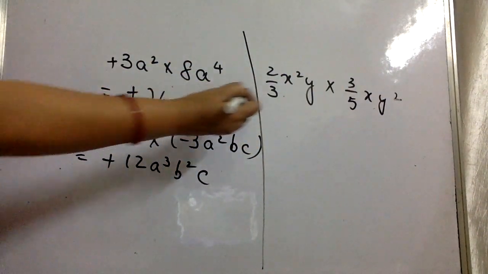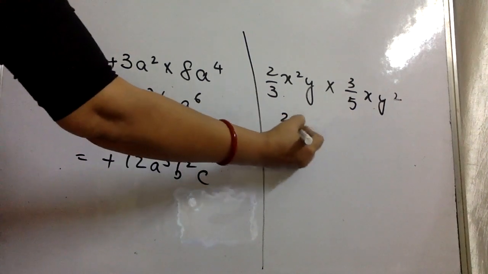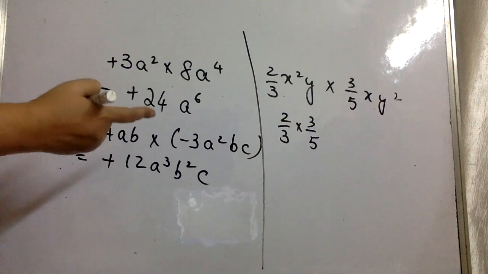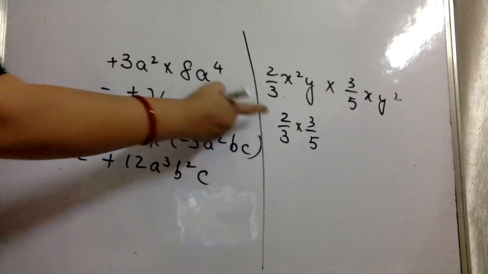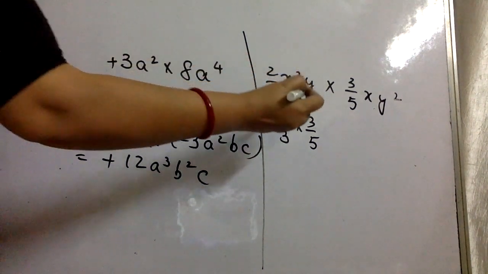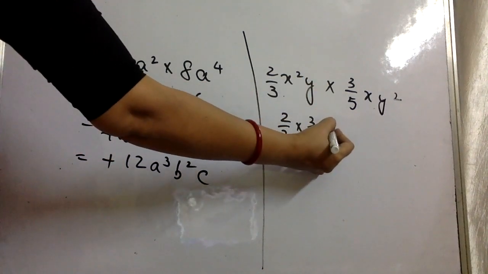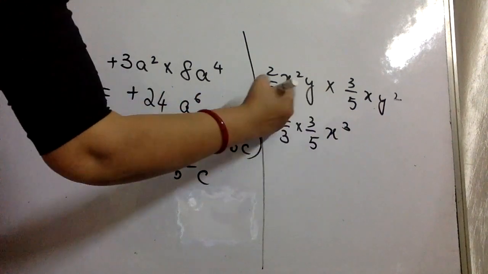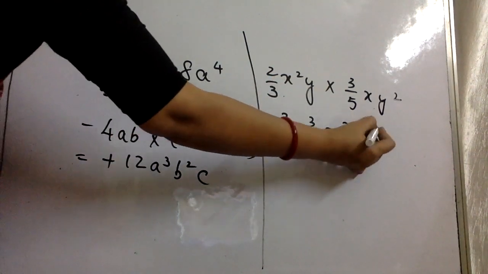Here 2 by 3 into 3 by 5, it's already plus into plus, that's a plus, so I'm not writing it anymore. 2 by 3 into 3 by 5, and here x to the power 3 according to the law of exponents, and y cube.